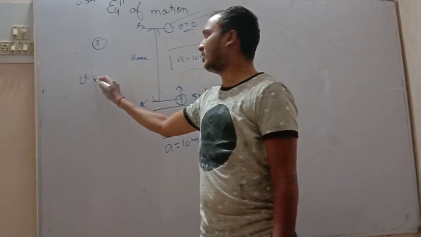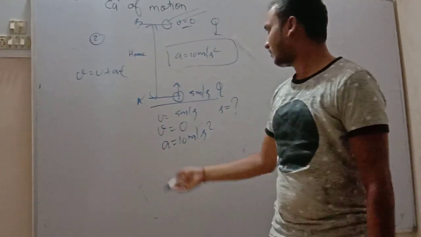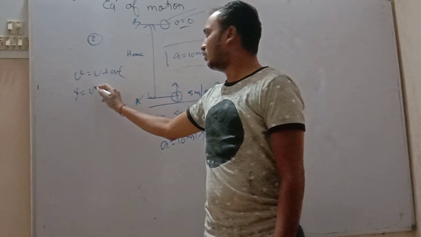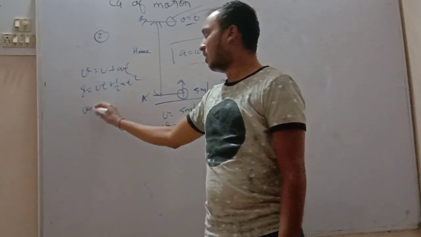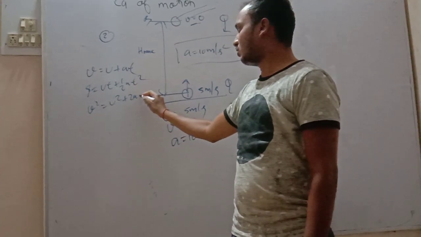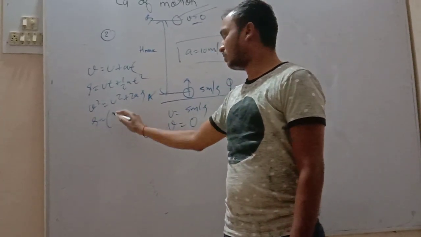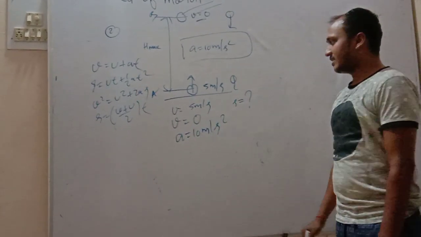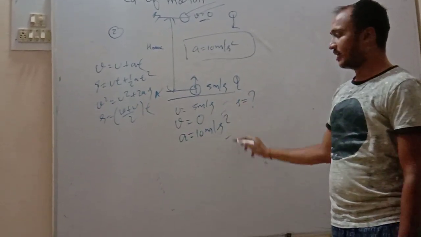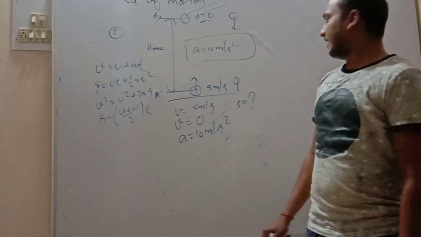Again we have v equal to u plus at, s equal to ut plus half at square, v square equal to u square plus 2as, and s equal to (v plus u) by 2 into t. We are given v, u, a and we have to calculate s.